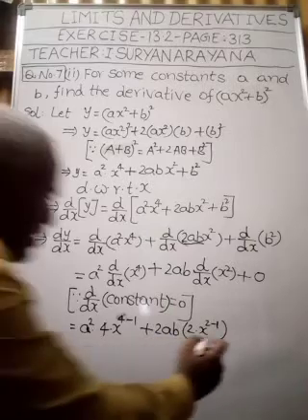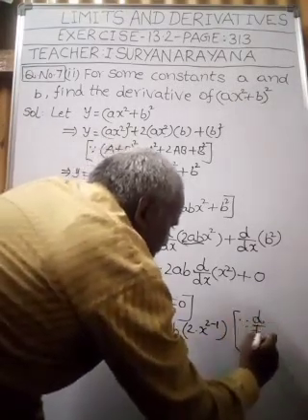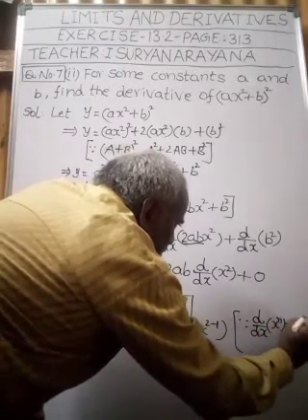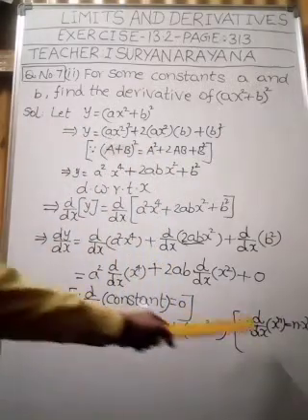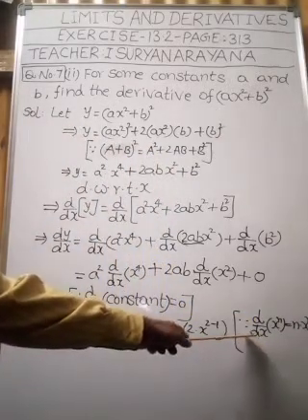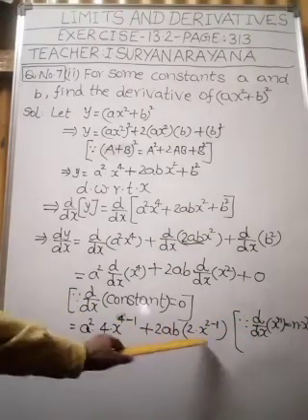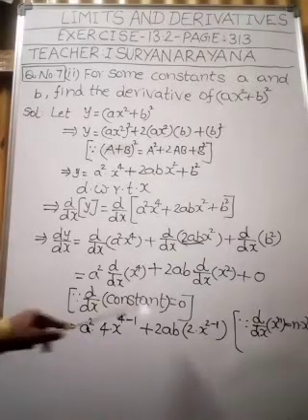Right. Because d by dx of x power n is equal to n into x power n minus 1. By using this differentiation formula, we wrote these two parts. Okay, my children, understood this one? Right. Differentiation part is over.